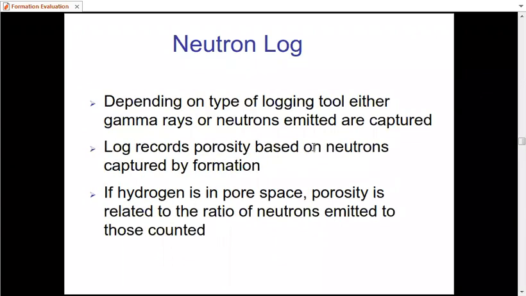Depending on the type of logging tool, either gamma rays or neutrons emitted or captured are counted, and the log records porosity based on neutrons captured by the formation. If the hydrogen is in pore space, porosity is related to the ratio of neutrons emitted to those counted.